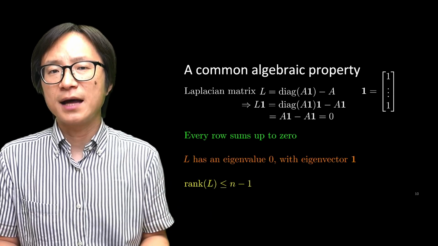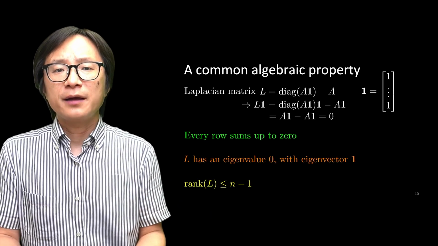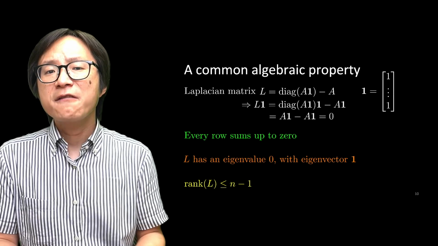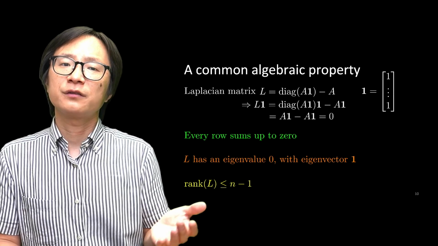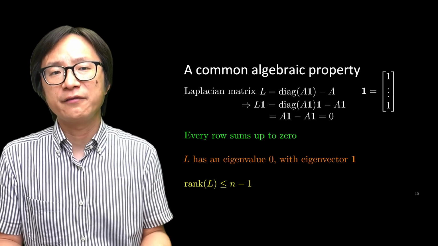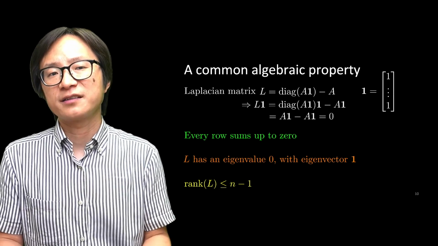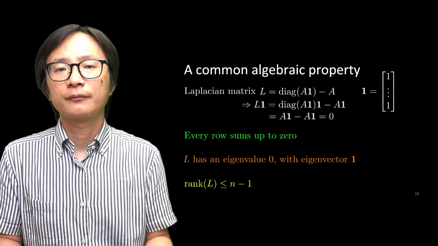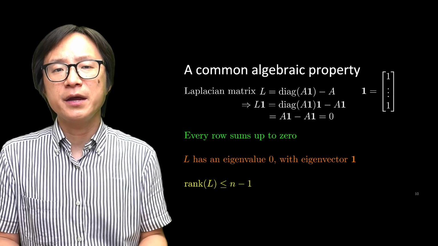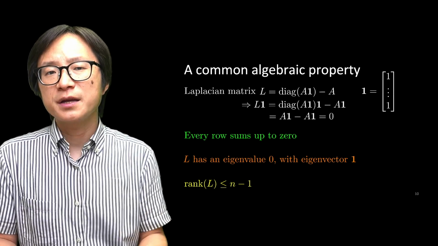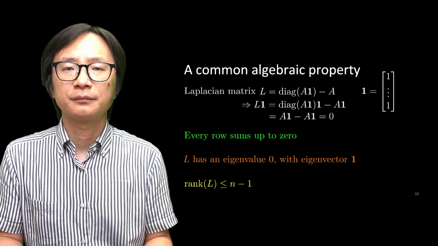This means that every Laplacian matrix must have at least one eigenvalue 0, with a corresponding eigenvector being the 1 vector, the vector of all ones. This also means that a Laplacian matrix can never be full rank. At most, its rank is n-1.